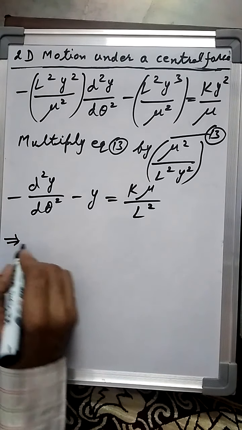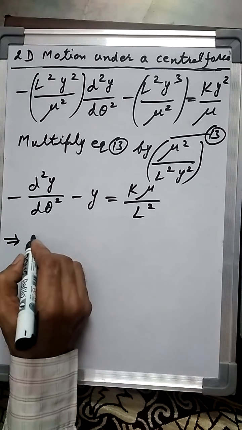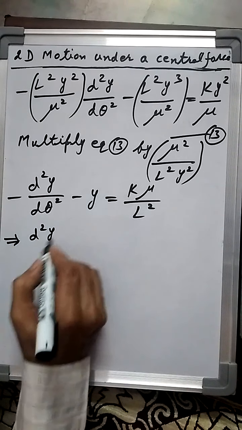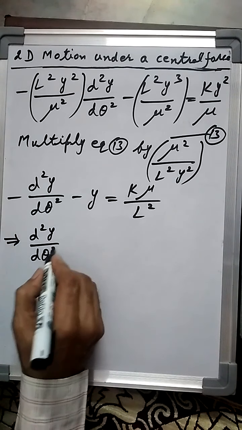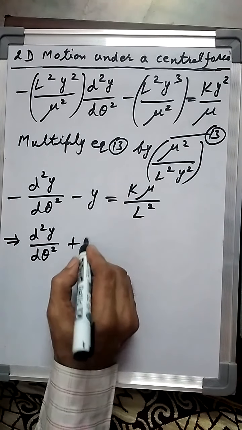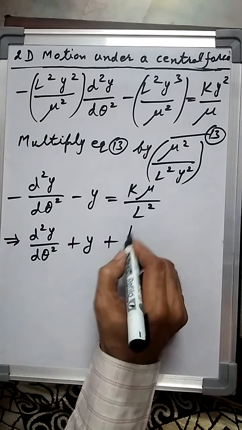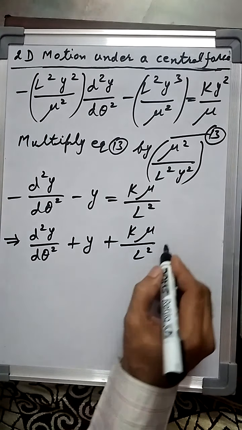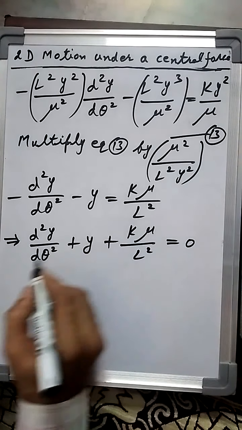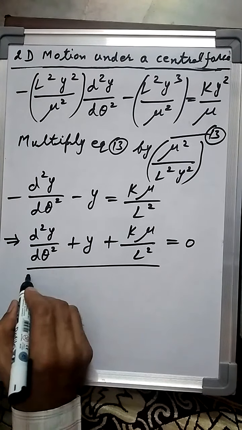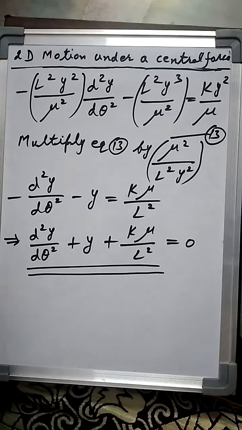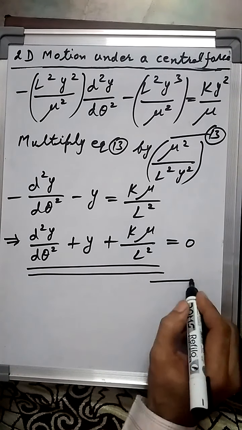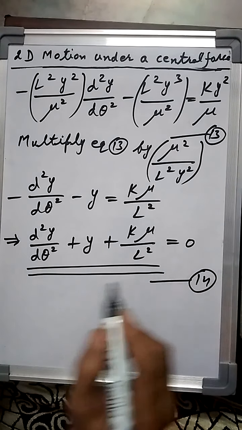So this result can be rewritten as d square y by d theta square plus y plus k mu upon L square equal to 0. This is the required differential equation for two-dimensional motion under a central force. Let me call it equation number 14.